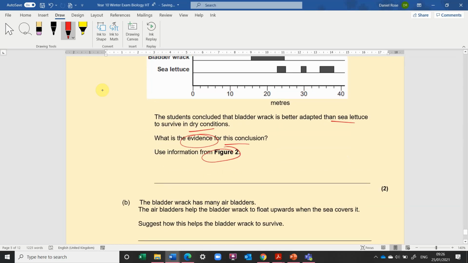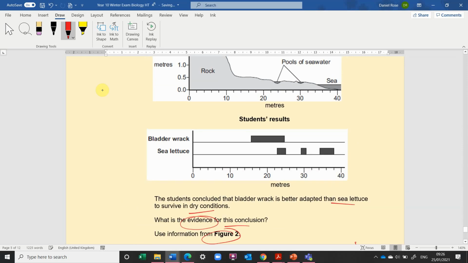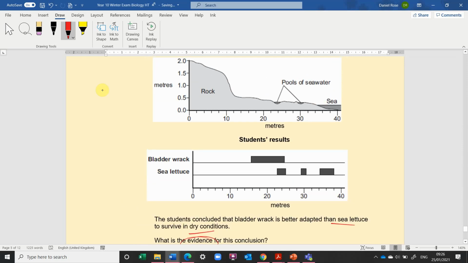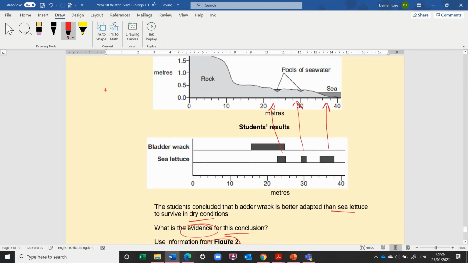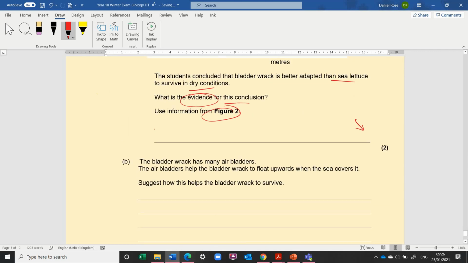Well, it's 2 marks, and I would say that we've only got, as we pointed out already, sea lettuce when there's water. So sea lettuce is only present in water, or the little rocky sea pools.